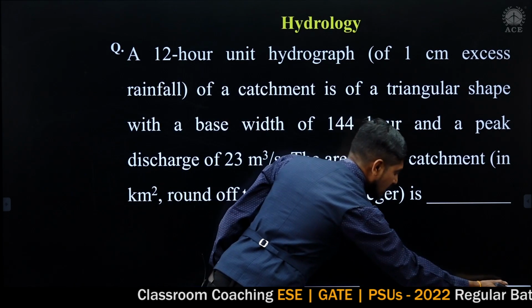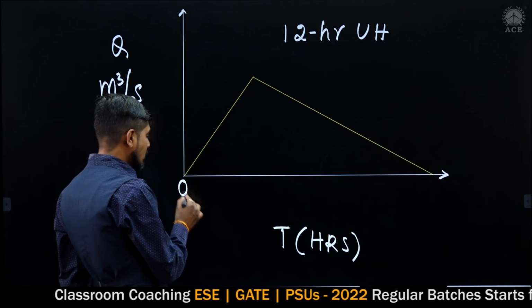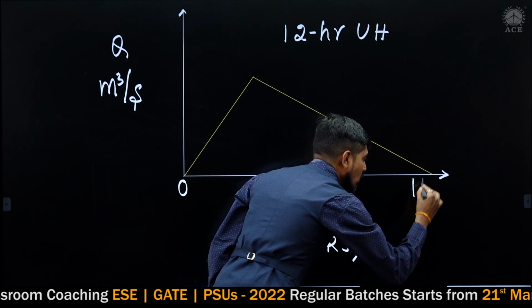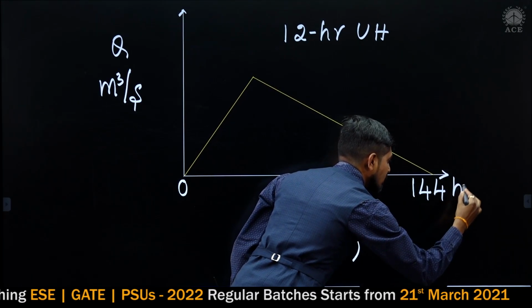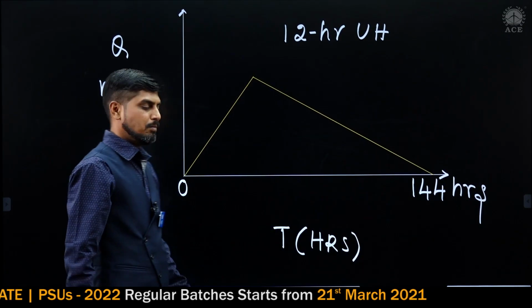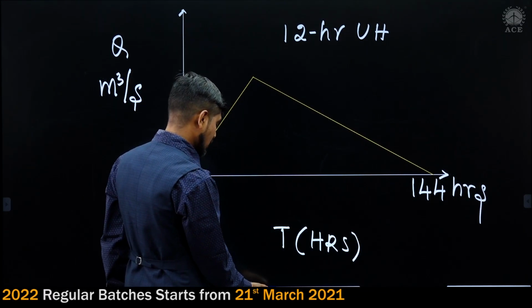So let me show that in the diagram. So base width is 144 hours. Peak discharge, let me show the peak discharge also.